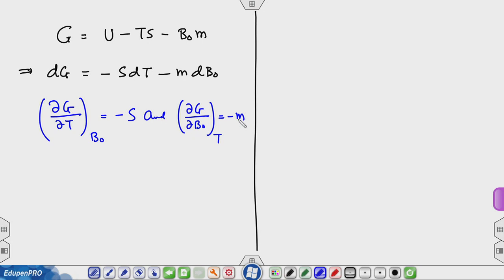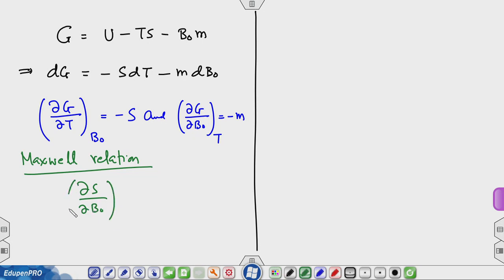And this gives you the Maxwell relation partial s over partial B 0 at constant T is going to be equal to partial m over partial T at constant B 0. This is the relation that was asked in the problem, but in the process we have also gotten 2 or 3 other relations.